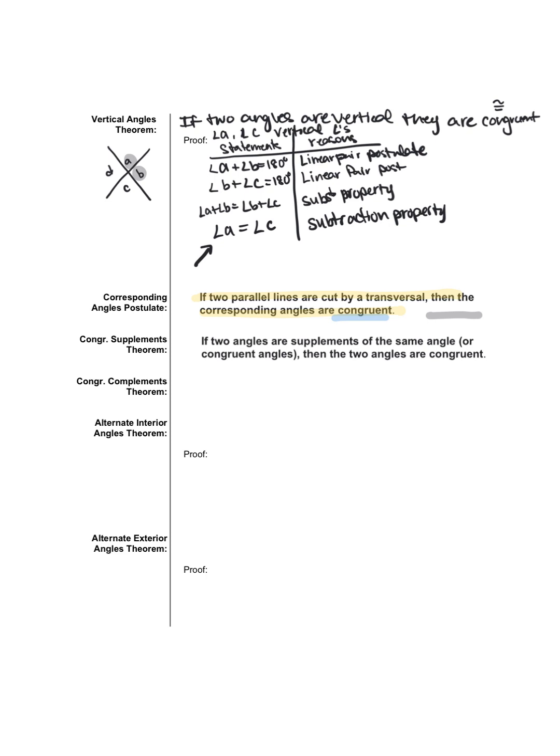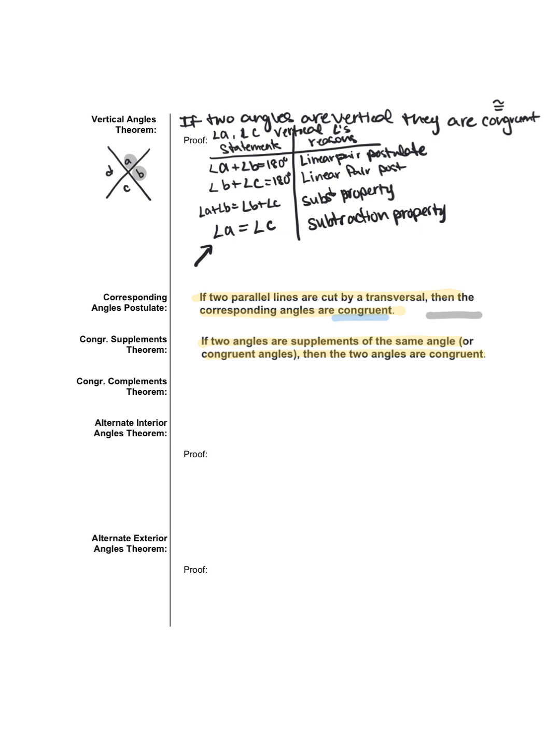Next, we have the congruent supplements theorem. What it is, if we have two angles that are supplements of the same angle, then the two angles are congruent to each other. An example of that would be if we have, here's angle 1, and so angle 2 would be this right here.